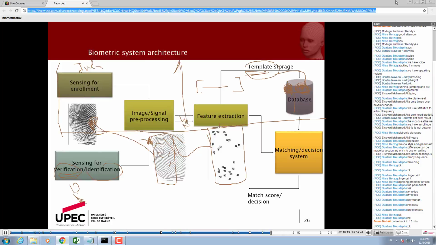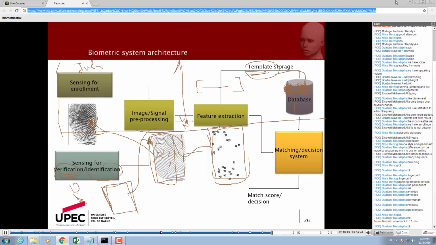So the person wants to access the system. So we will use exactly the same sensor. If you use a fingerprint sensor, you will capture an image. It will be a second image, not the first one that you saved. Okay?